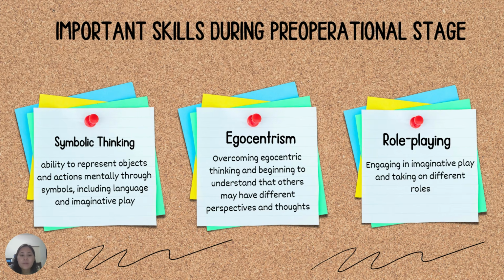Then we have role playing. It is engaging in pretend play and assuming different roles. Example, dramatic play corners in preschool classrooms, such as a mini market or hospital set up, foster social interaction and creativity. So if you notice, toddlers playing are in character.